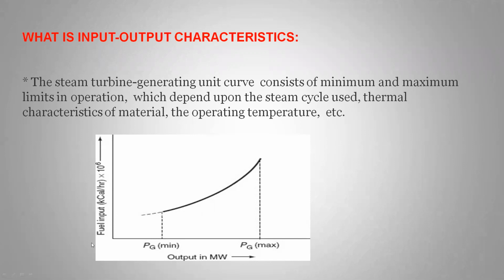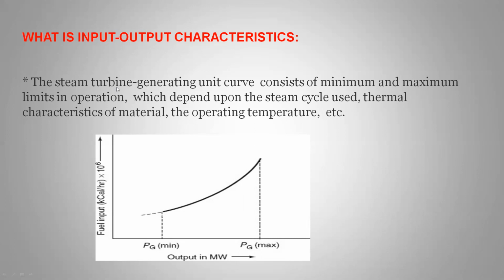The units of fuel are kilocalorie per hour into 10 to the power of 6, and the output is megawatt. This is the power generation minimum and this is the power generation maximum limit.